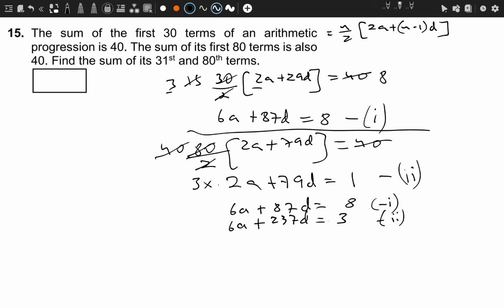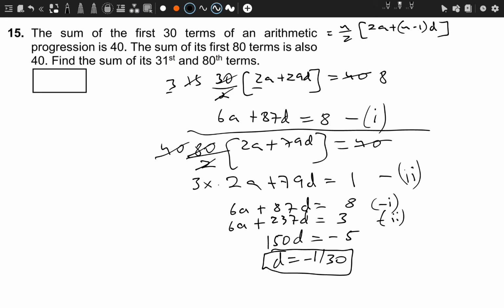If we subtract equation 1 from equation 2, we will get 150d is equal to minus 5. So d is minus 5 by 150, which is minus 1 divided by 30.